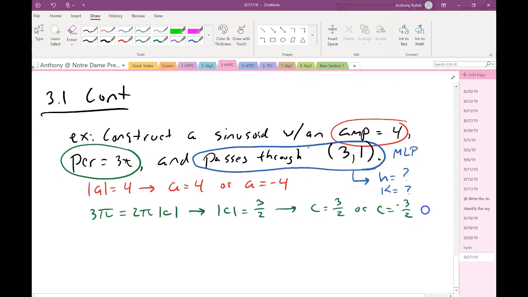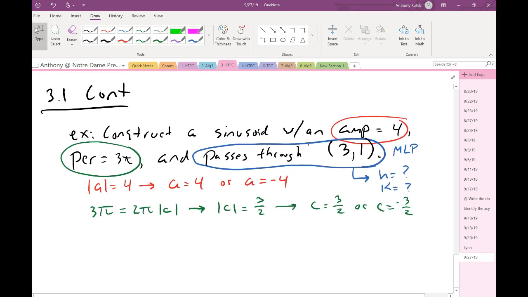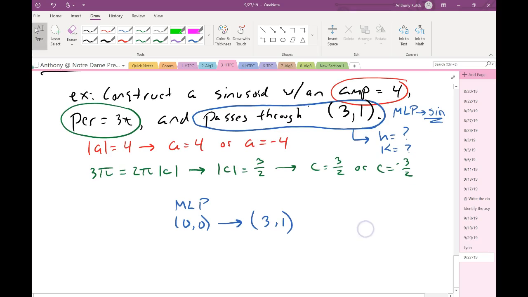The reason that's what I want to do is because then I'm going to use sine as my function. So on sine, one of my midline points is (0, 0). And that should map to (3, 1).